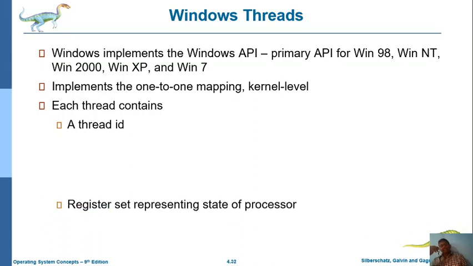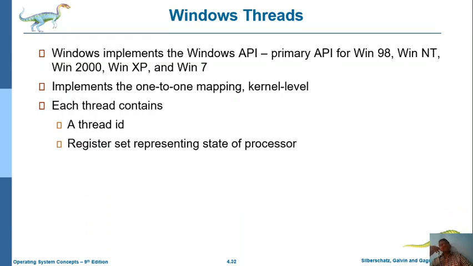Next, it also contains a register set. Already at the beginning of the thread concept, we discussed them. Whenever we are using a thread to perform some execution, it uses a set of registers to perform that execution.